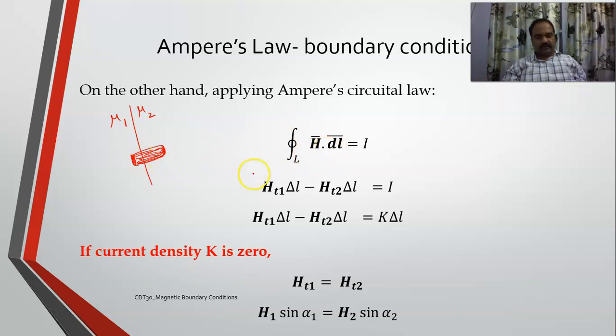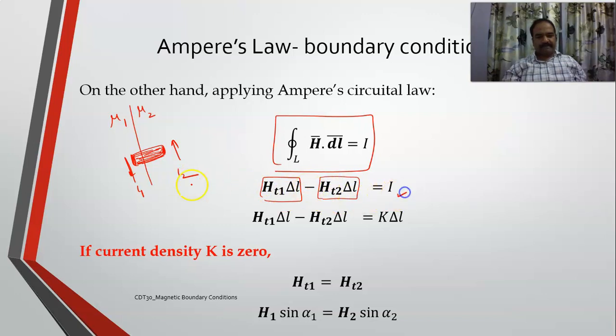So if I apply the same here, I'm going to consider these lengths, L1 and also L2. So, tangential Ht1 delta L minus Ht2 delta L is equal to I. Isn't it? Because both the vectors are in opposite directions, right? So that's why I have taken it as minus.